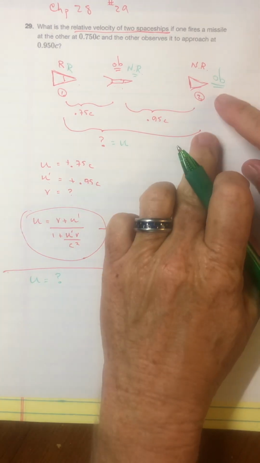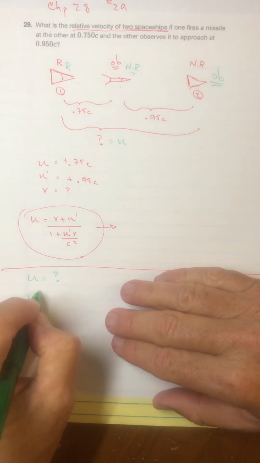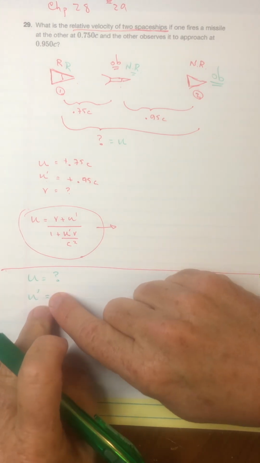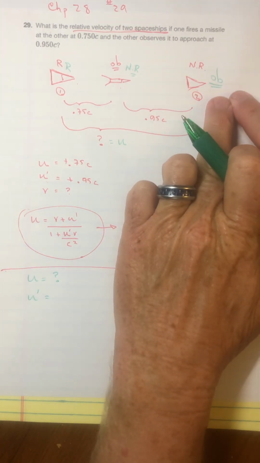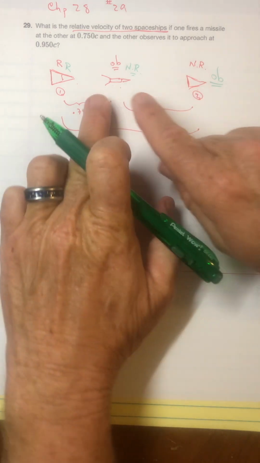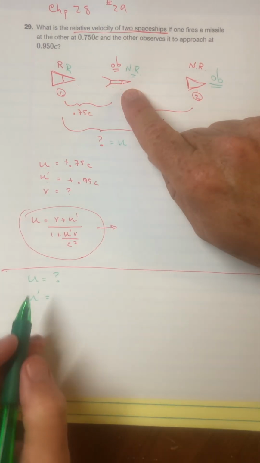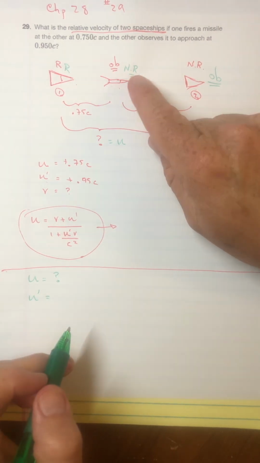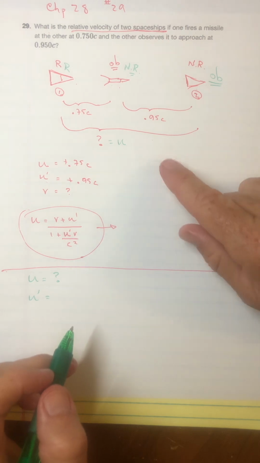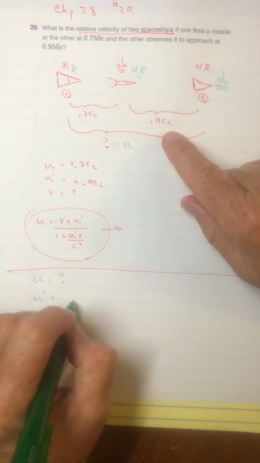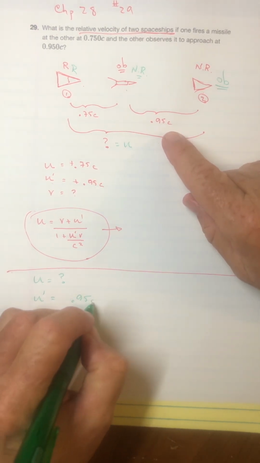Again, that would be the speed of the object as seen by the reference. The u prime, which is the speed of the object as seen by the non-referenced observer. Okay, and so we've got a number of 0.95.